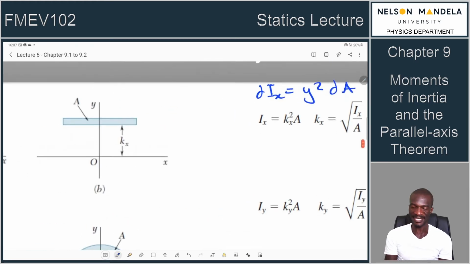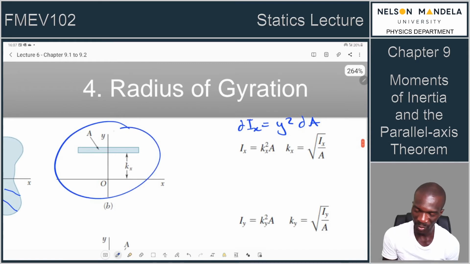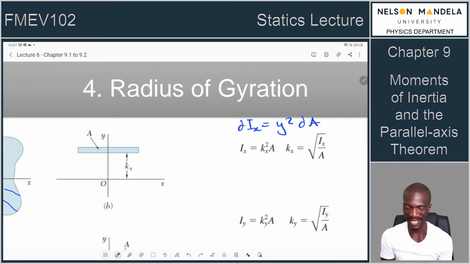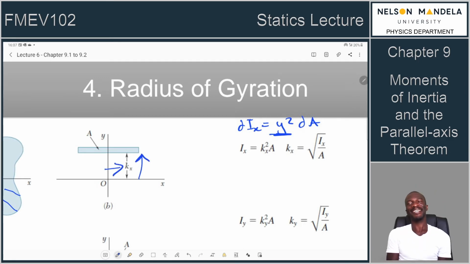So in this case, if we want to find the moment of inertia about the x-axis, the y, the distance in the y, is actually known as kx. I don't know why the author chose to put kx, but it sort of assists you to denote the axis about which you want to find that radius of gyration.